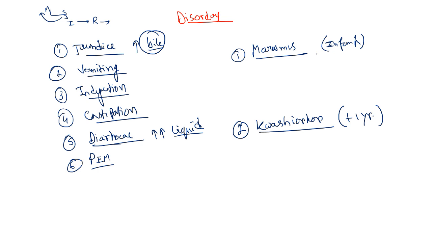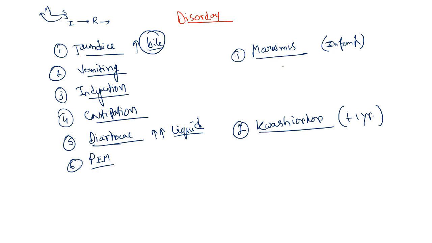Marasmus has impaired growth and tissue replacement. It forms thin limbs, dry, thin skin. The growth will be declined because no protein is received by the body. The body weight will be reduced, with impaired growth and development of the brain.